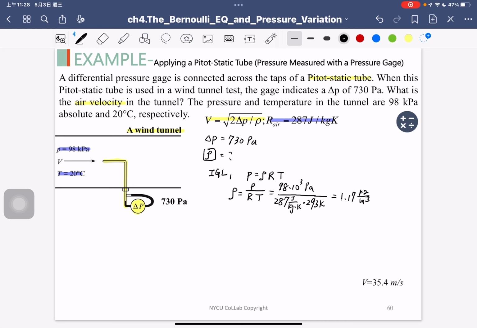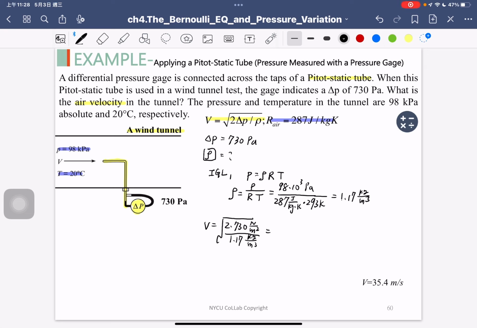So we put it back into the equation: V is equal to the root of 2 times delta P, which is 730 Pascal, that is Newton per square meter, divided by 1.17 kilogram per cubic meter.